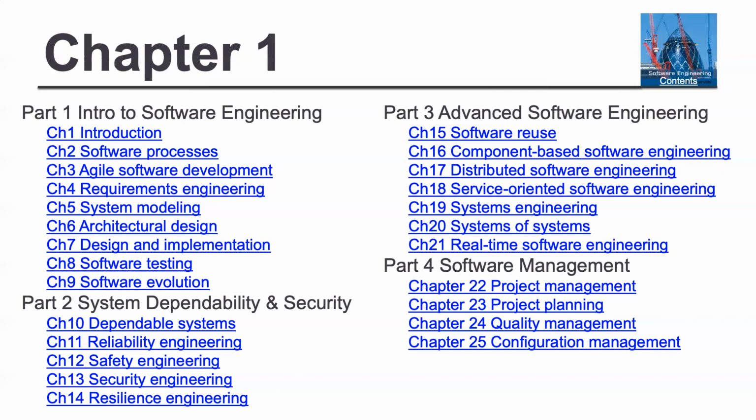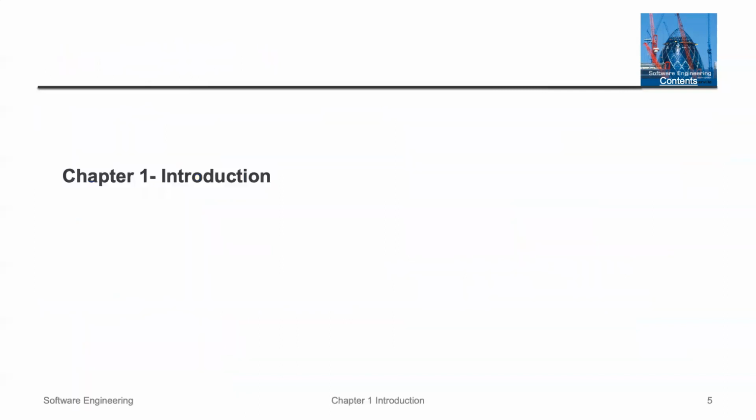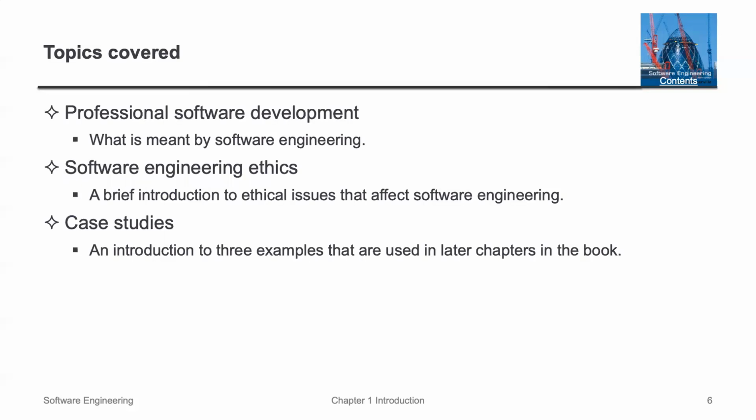With that, I'm going to go ahead and get into chapter number 1. Like I said, all of these charts are available from Ian Sommerville. I didn't change them too much, but just linked them all together into one set of overall charts. This chapter is an introduction.